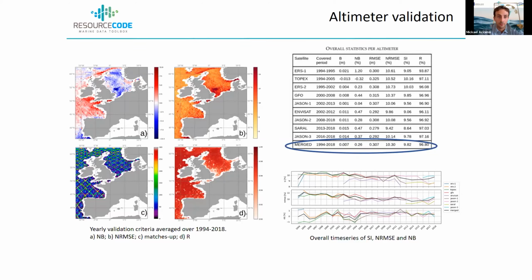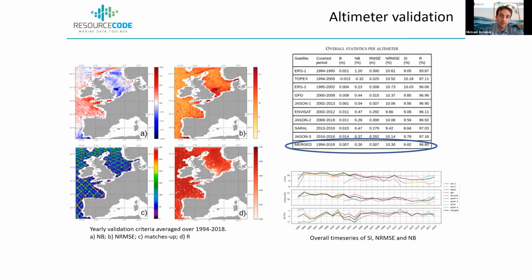And once we have the matchup between the model along the altimeter tracks, we have performed averaging of all those data on a regular grid at a 1/8 degree resolution. And so that's what is shown on the map on the left. And so you can see that the normalized bias on figure A is varying between -5 and +5%, with a trend to have a slightly positive bias in the Atlantic Ocean and a slightly negative bias in the North Sea.